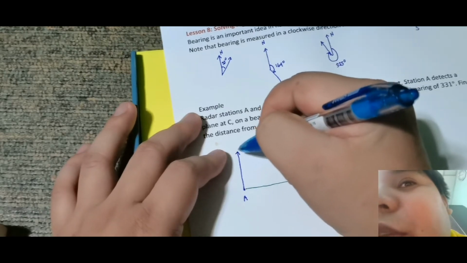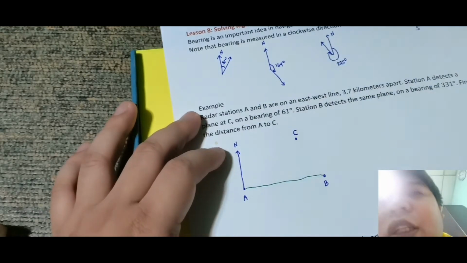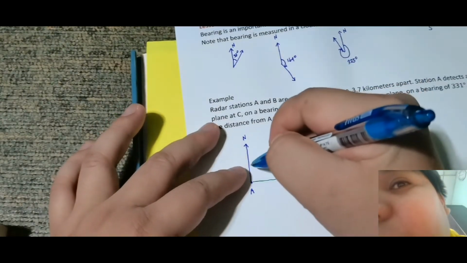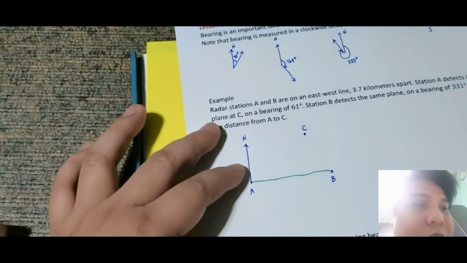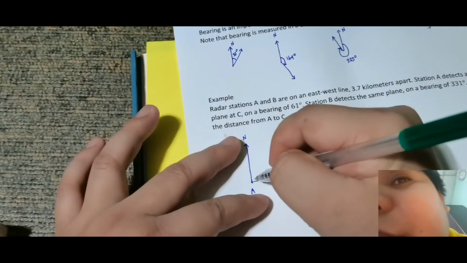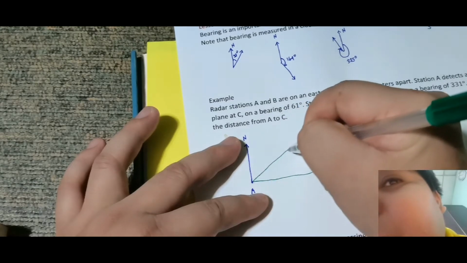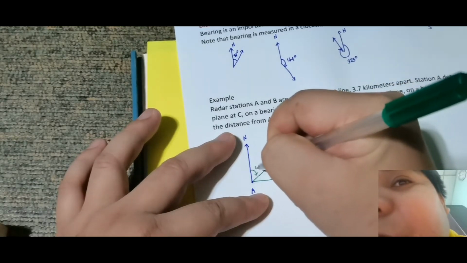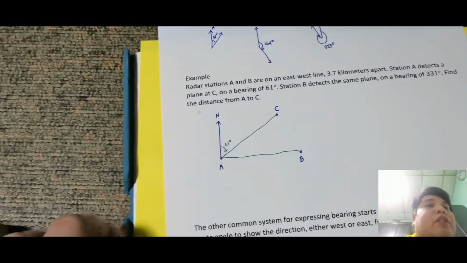So na-detect daw niya ng 61 degrees, meaning gagalaw ako dito ng konting angle. Kunyari i-extend ko na lang. Na-detect daw niya yan, tapos ito yung angle, and that is 61 degrees. Ganyan na siya na-detect.